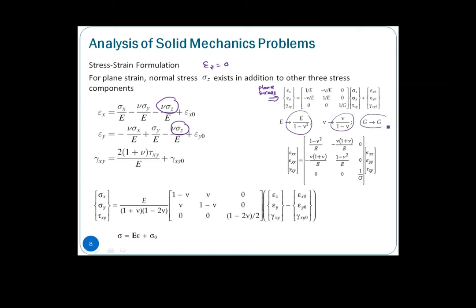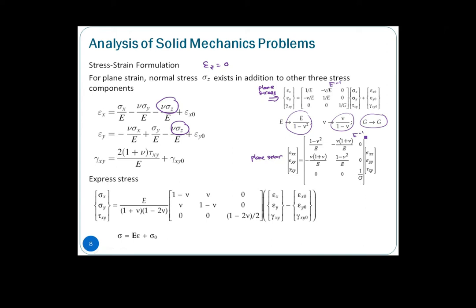G still remains G. So in this case, under plane strain conditions, this becomes our E inverse. So this is our E inverse, the whole entire matrix.